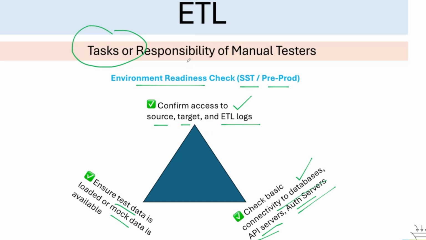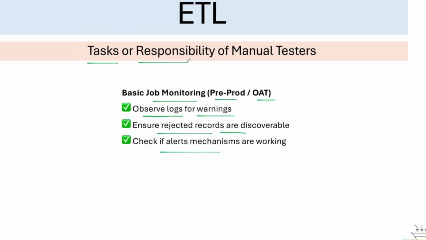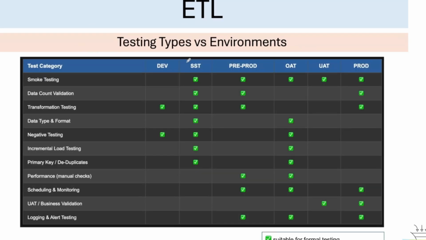Here we covered some aspects, and in this page we covered some aspects. Now let's look at testing types versus environments. So which environment covers what kind of tests? We have dev, SST, pre-prod, OAT, UAT, and production, which is live.